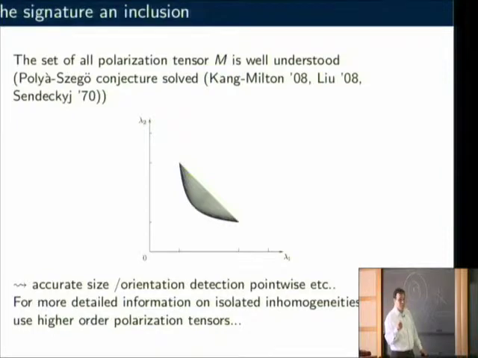So it's not a stable conjecture, if you want. Okay, so this is first order. Now, if you have one type of object, you can try to do higher order estimates and get more information, separate contrast and size and all that. But in general, that's as far as you can go.